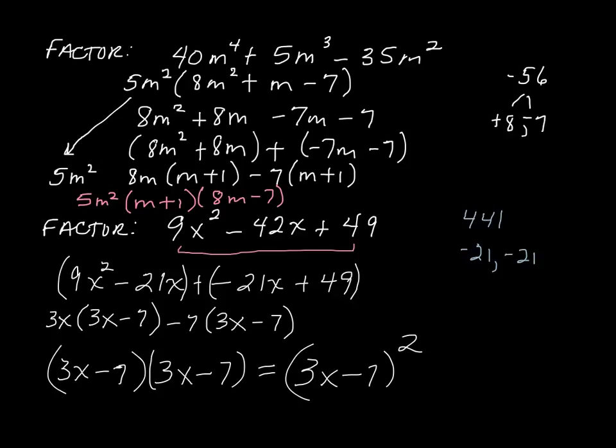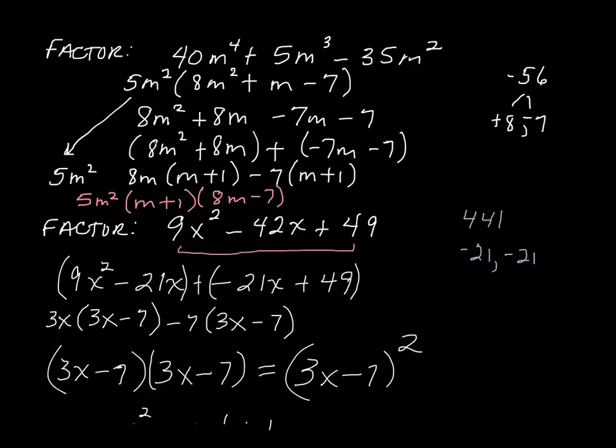But remember in the last chapter when we were multiplying binomials, and we had the pattern, when you multiply a binomial times itself, it would end up being the first term squared plus or minus twice the first term times the second term plus the second term squared. Let me rewrite the whole thing.